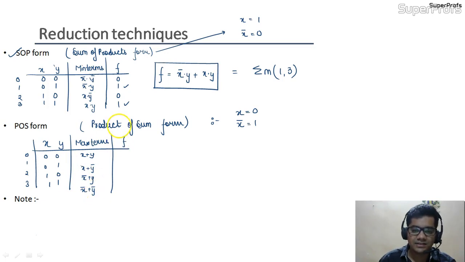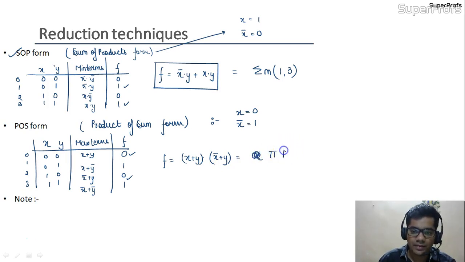If we consider a function similar to the above, which is 0 1 0 1, here we look at the zeros, so the function would be equal to x plus y dot x bar plus y, which is the product of maxterms 0 comma 2, because the decimal equivalent for the outputs 0 is 0 and 2.